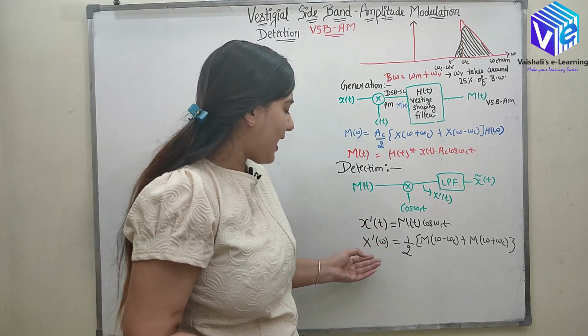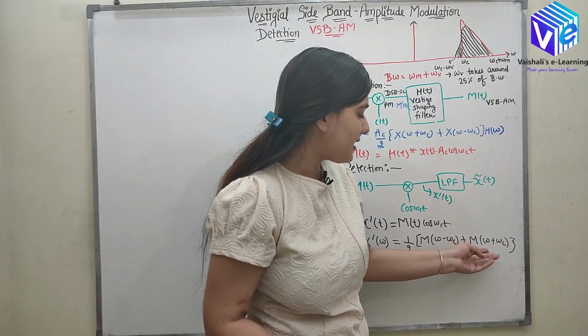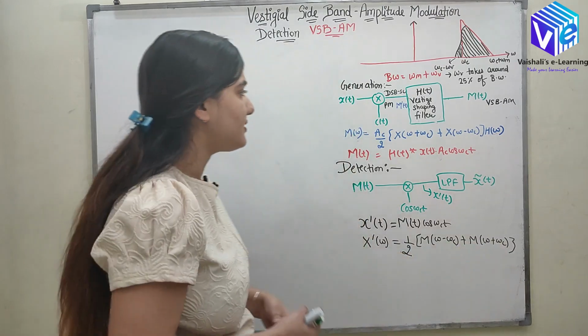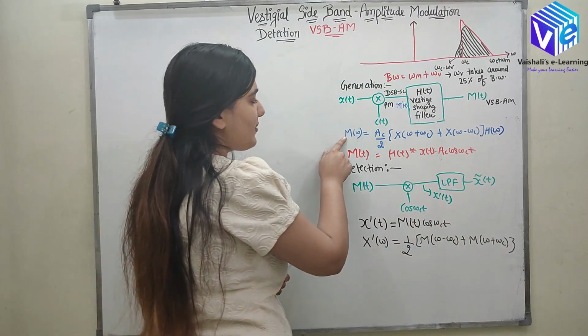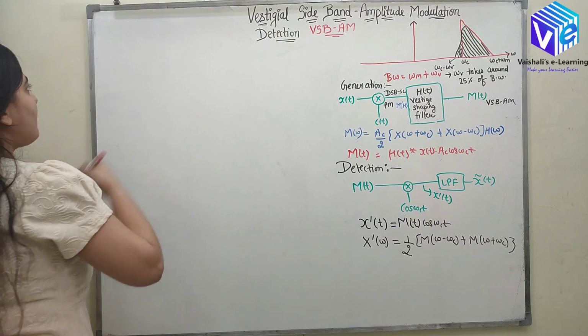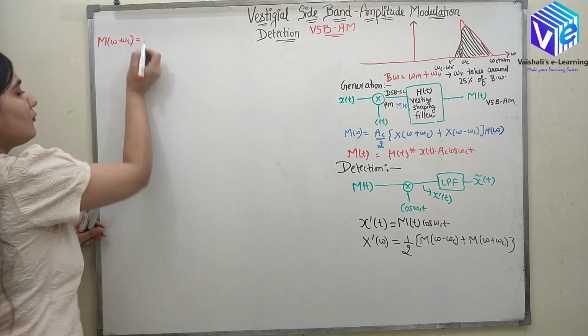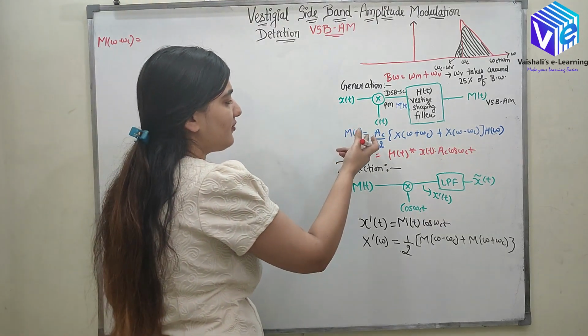So for x'(ω), I need to find M(ω−ωc) as well as M(ω+ωc). I know M(ω), so I can easily find M(ω−ωc). You can just shift the frequency.